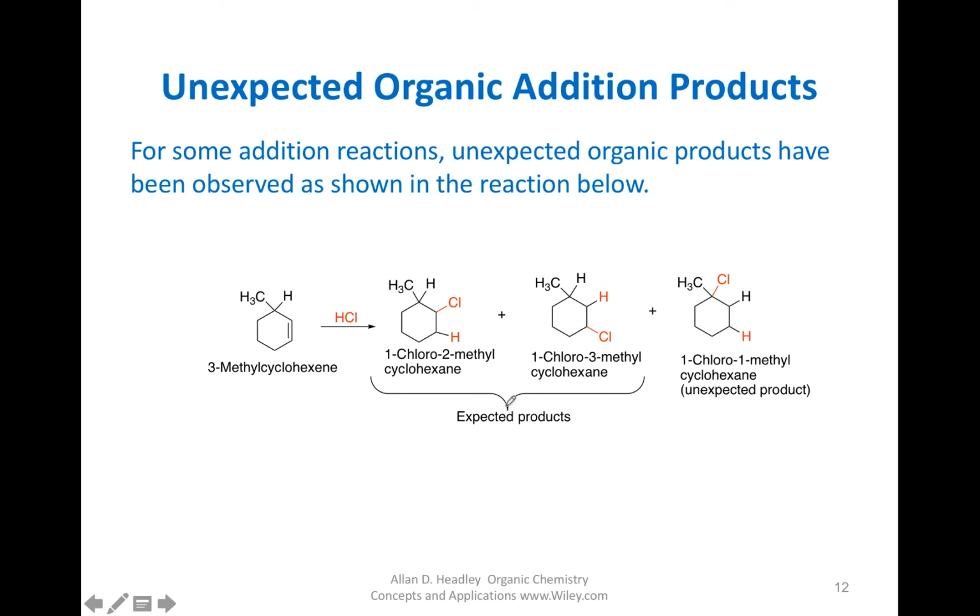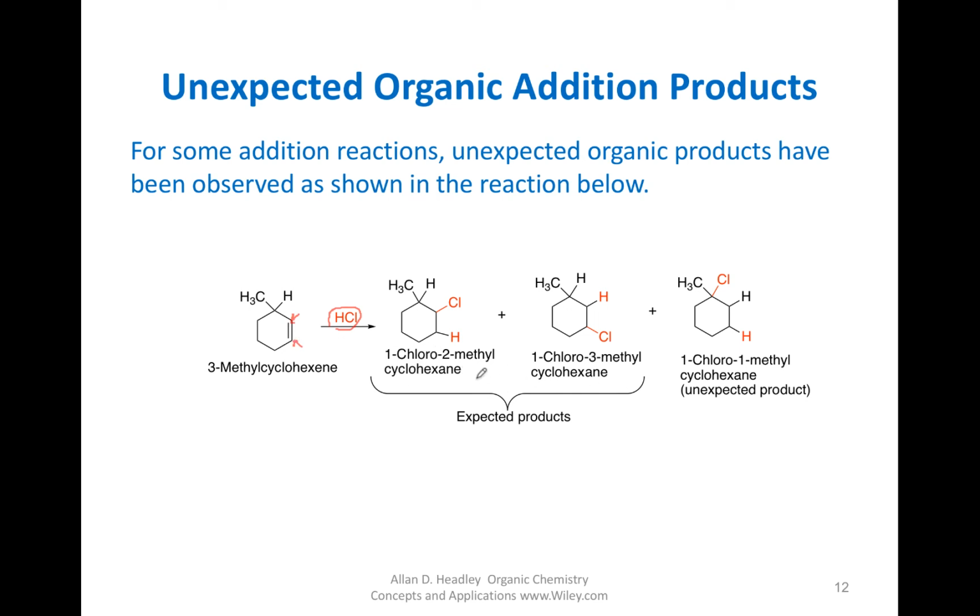Okay, let's see another observation that's made in the lab. If you went in the lab and carried out this reaction here, you'd expect HCl to add across the double bond to form 2 products.